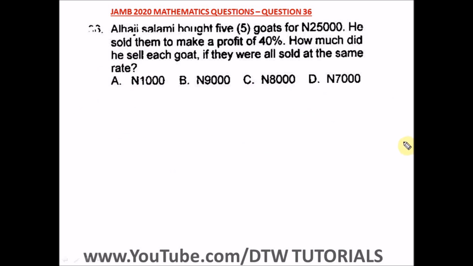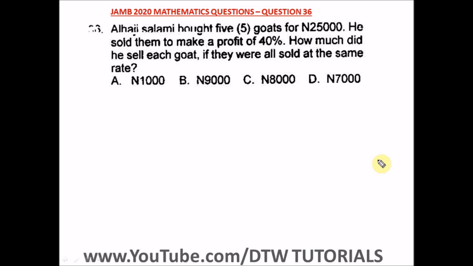We are on question number 36 of the JAMB 2020 past question. The question says, Alhaji Salami bought 5 goats for the price of 25,000 naira. He then sold them to make a profit of 40%. How much did he sell each goat if they are sold at the same rate?